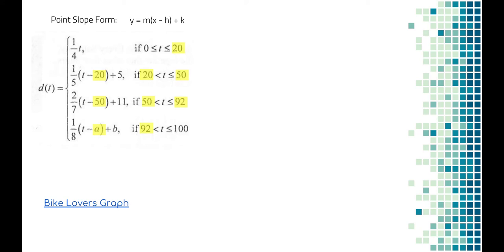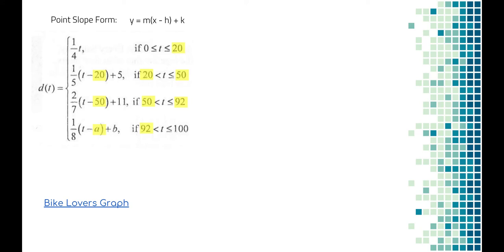For example, for 1/4 t, the domain ends at 20. 20 is essentially the h value in the next expression, and it's the beginning of the next domain increment. The same thing is true with 50. 50 is the end of the second domain increment, but it is the h value of the third expression.